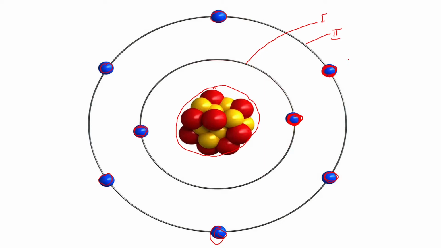Now here comes a concept: if an electron in the inner, lower orbit absorbs energy from some external form, then it can go to the higher level.